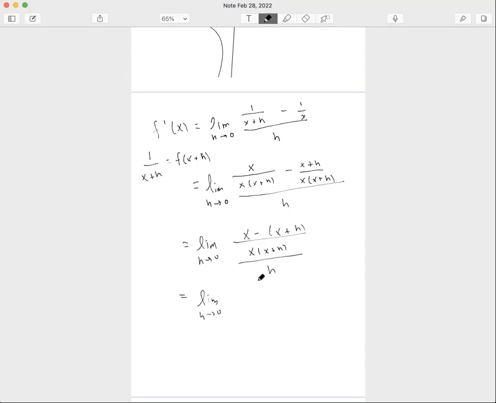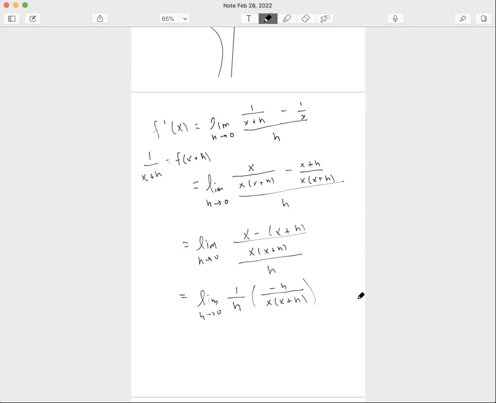Sometimes this divided by h can be very annoying to look at. So one thing I like to do is just take out the 1 over h and then write the rest of it. So I have minus h over x plus h. Okay. Everyone agree with that?